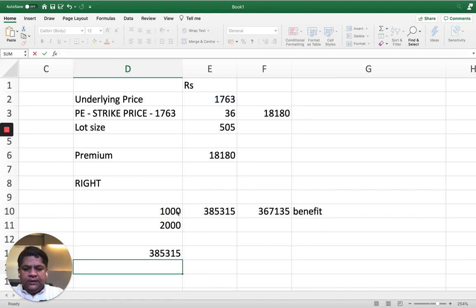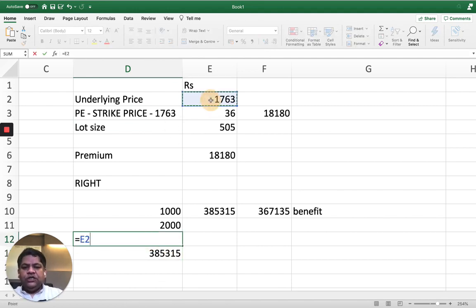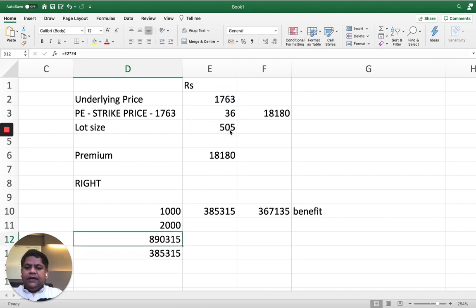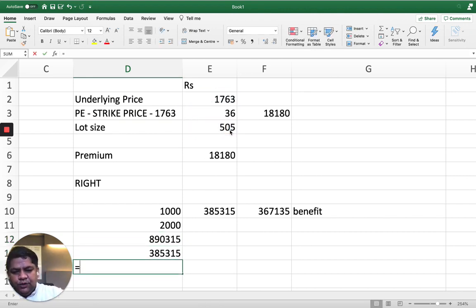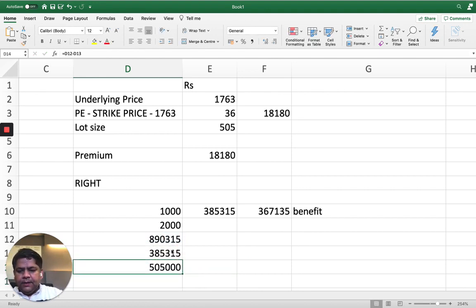Your overall Reliance portfolio will stay at 3,85,315 rupees, which were originally there for 8,90,315 rupees. So if you see your overall portfolio, let me do this recalculation.